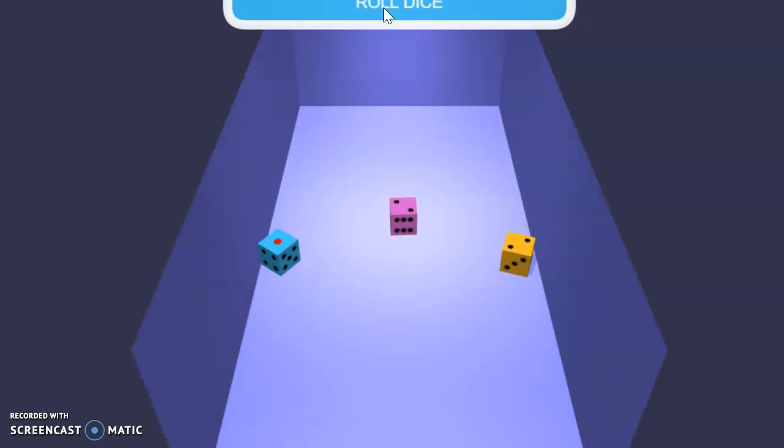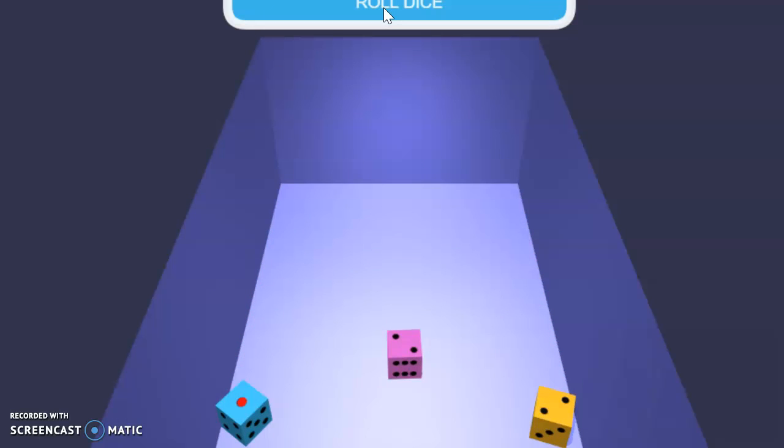Ooh. Blue is 1, purple is 2, yellow is 2. I want you to go ahead and write it in standard form right in the center of your paper. Standard form. Good job, you got it. Now, I want you to pause this video, and then you are going to write it.